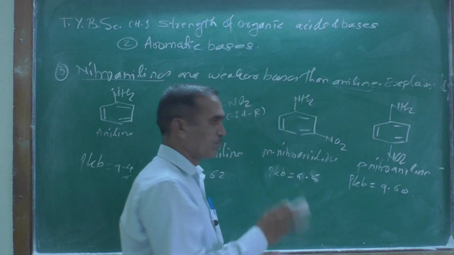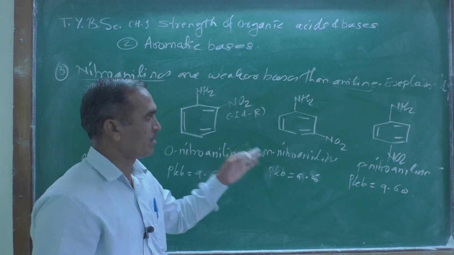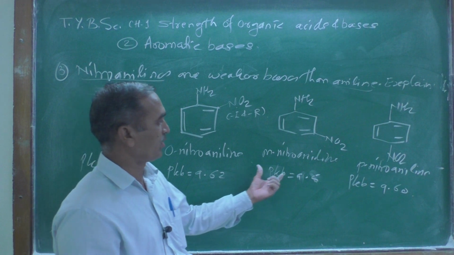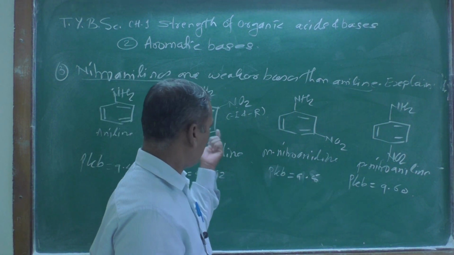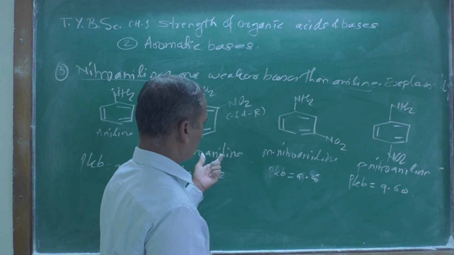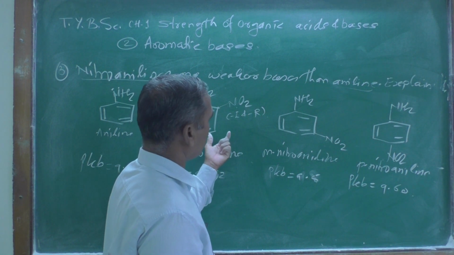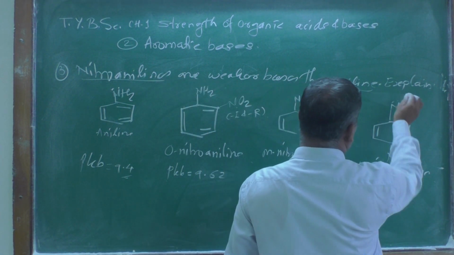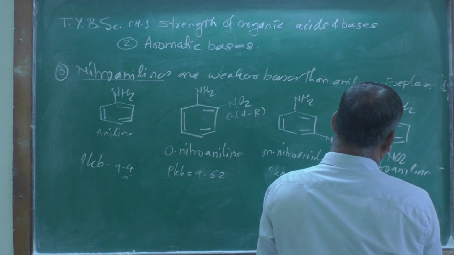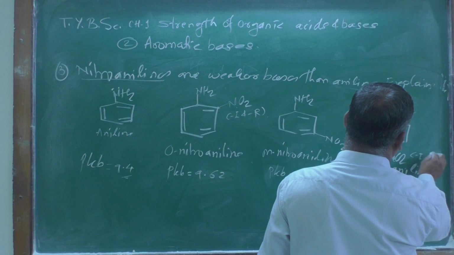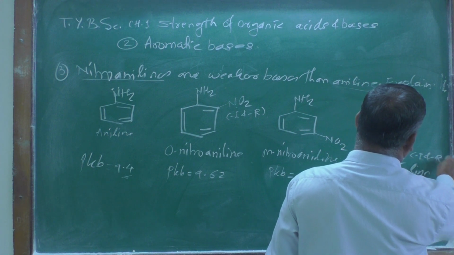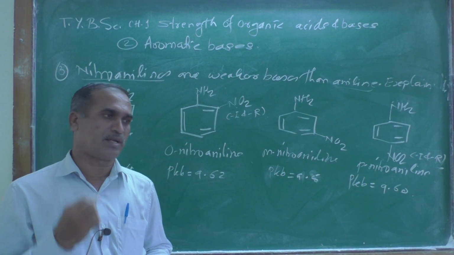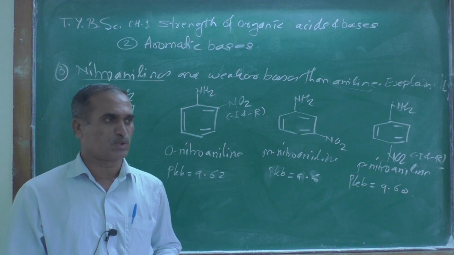But if you draw the resonating structure, you will find that the nitro group is not involved in the resonating form, and therefore it is slightly a weaker base than this one. And this one is a weaker base because the nitro group is again showing a -I as well as -R effect. Remember one thing here: if the -I and -R effects go on increasing, basicity goes on decreasing.